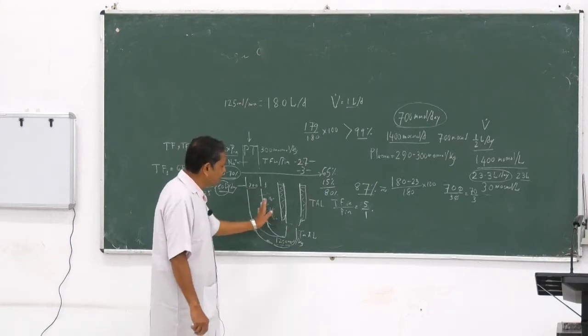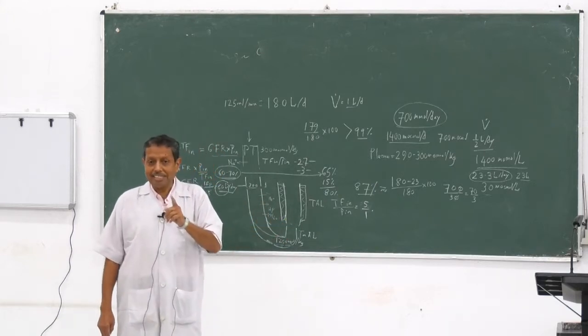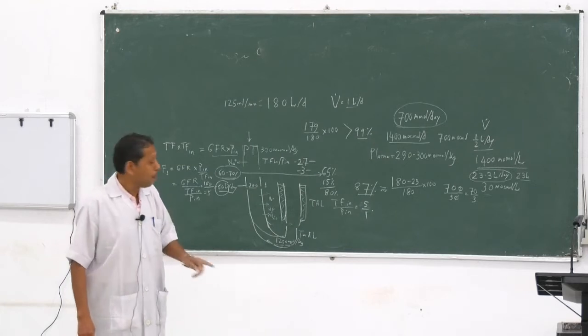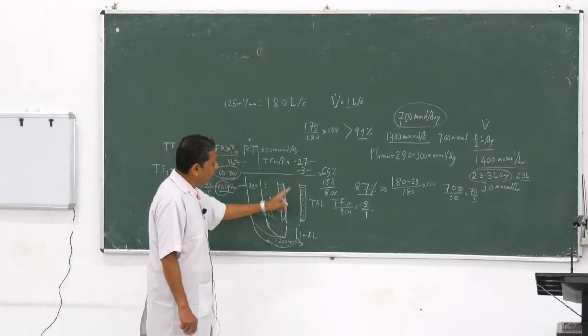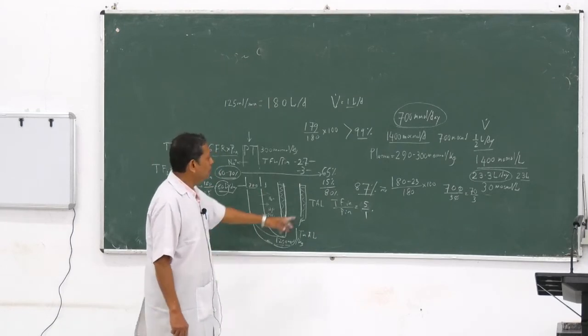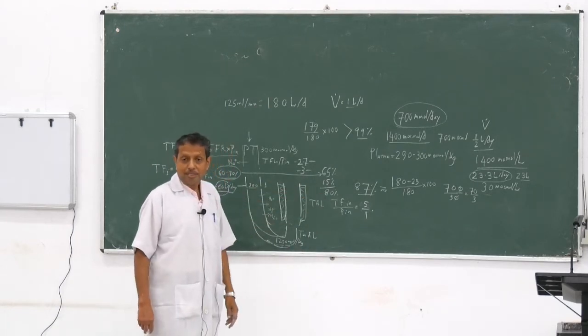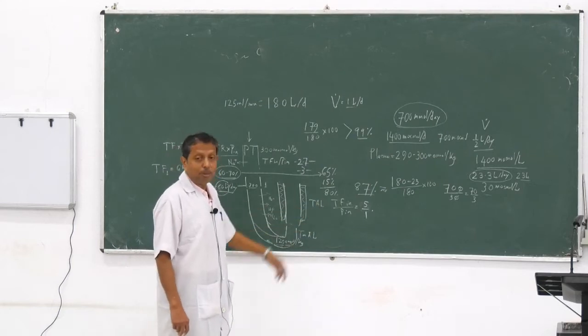Whenever there is maximum ADH secretion, the thin descending limb of loop of Henle can reabsorb up to 15%. So that is 80%. So remaining is 20%.